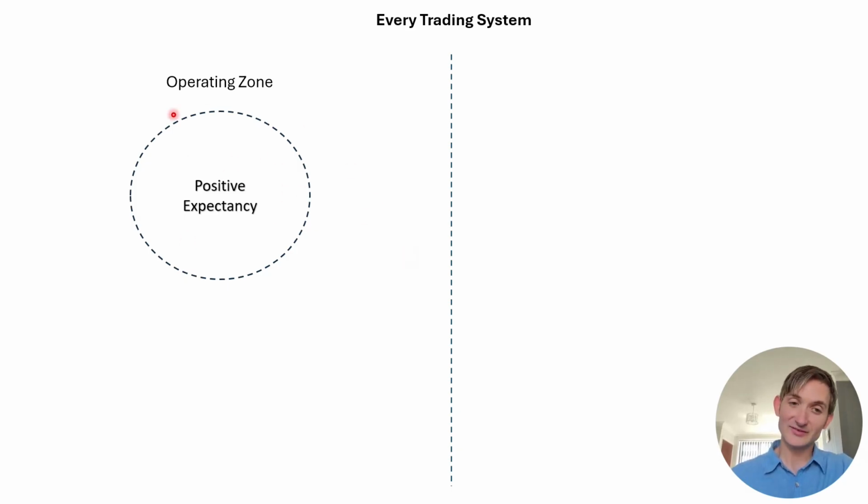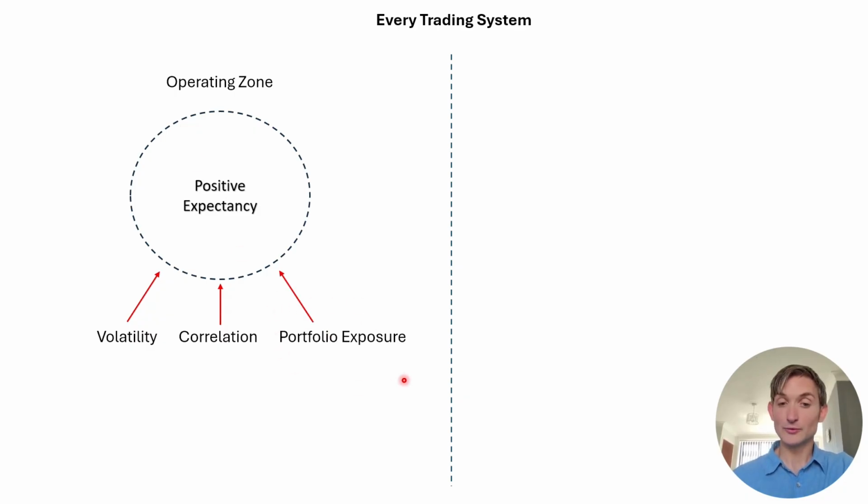But outside this boundary, as the volatility changes, price behaviour changes as well. As the correlation increases, more positions start to move together.